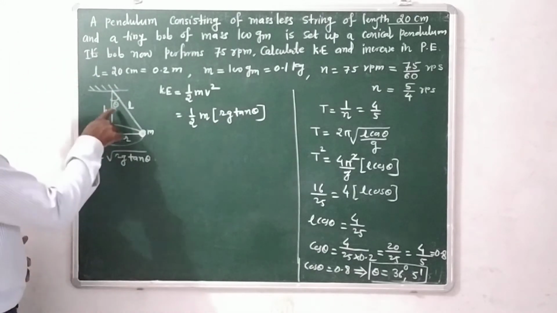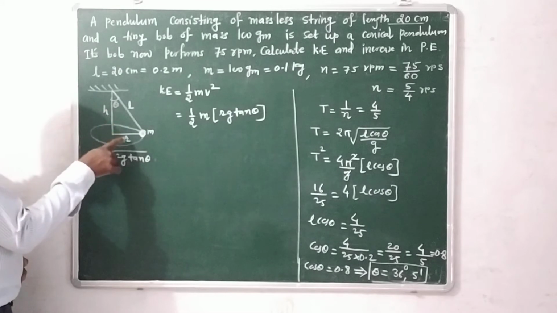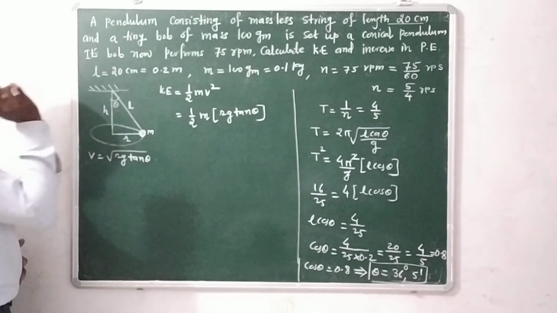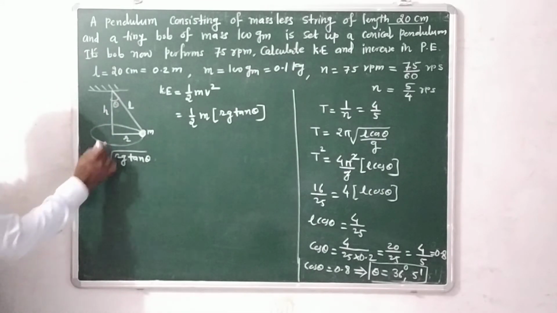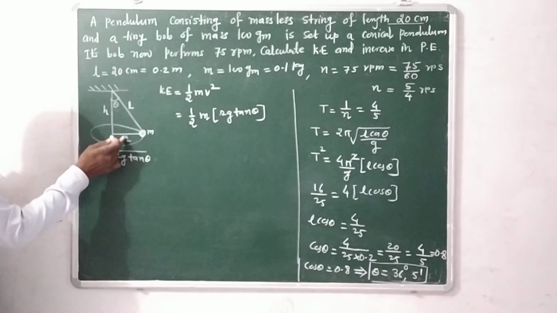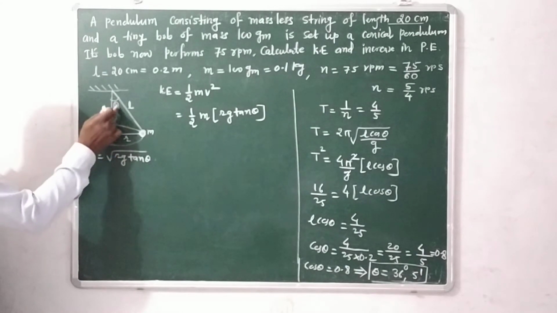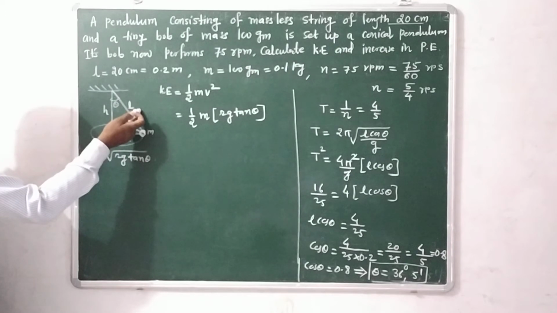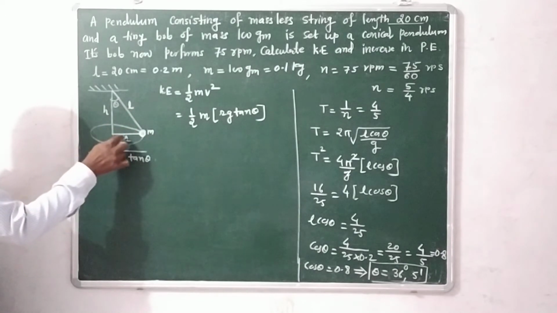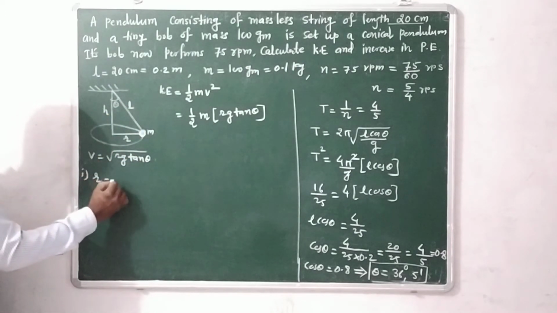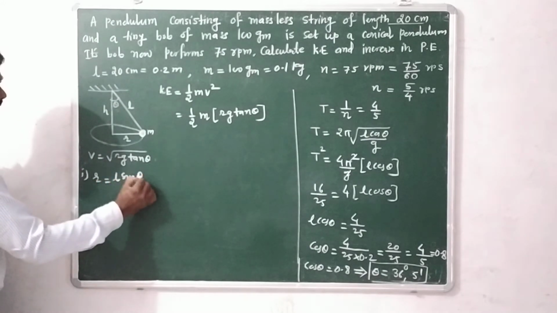Once we get theta, we can find the value of R as well as H. How? Opposite side upon hypotenuse: sin theta is equal to R by L. Therefore, R is equal to L sin theta.